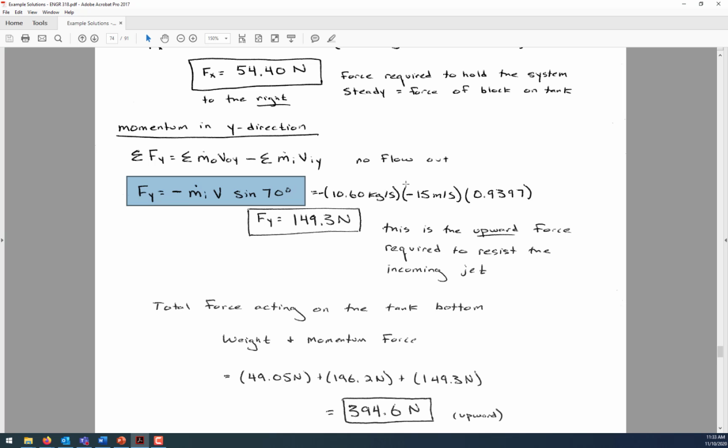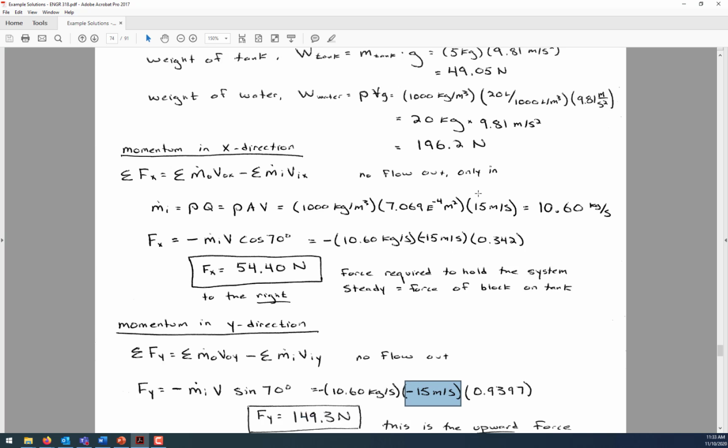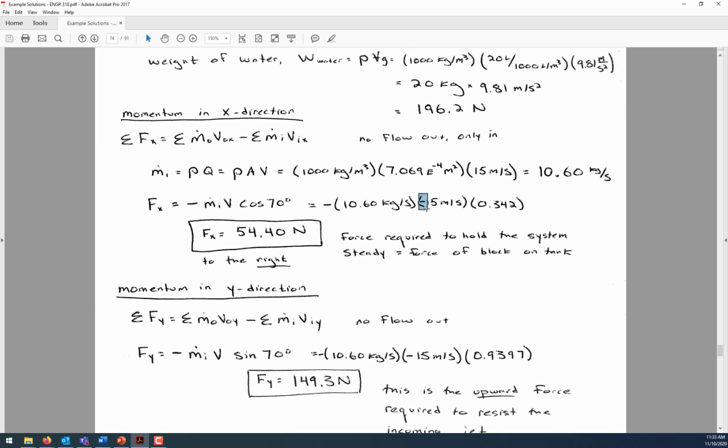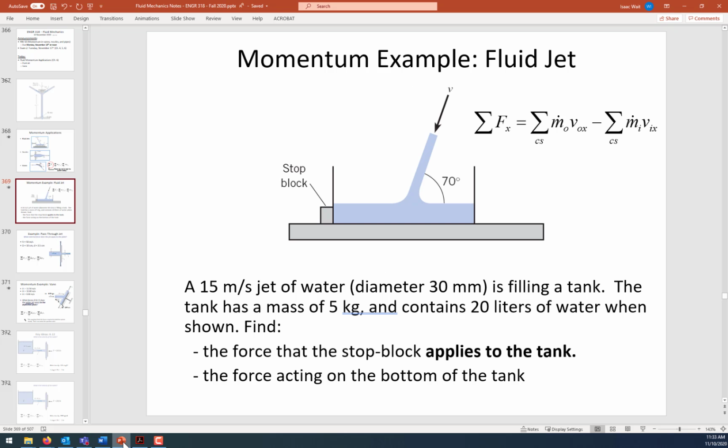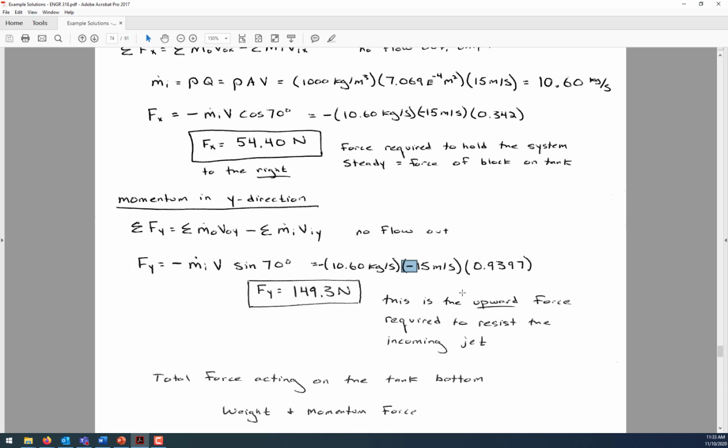So for us, it's still going to be that negative 15 meters per second because it's down. Remember, the minus sign isn't simply because it was minus before. Before, it was minus because it was to the left. In this case, it's minus because now we're in the perspective of vertical, and the jet in the vertical direction is acting downward. So it's still minus 15, but for a different reason.